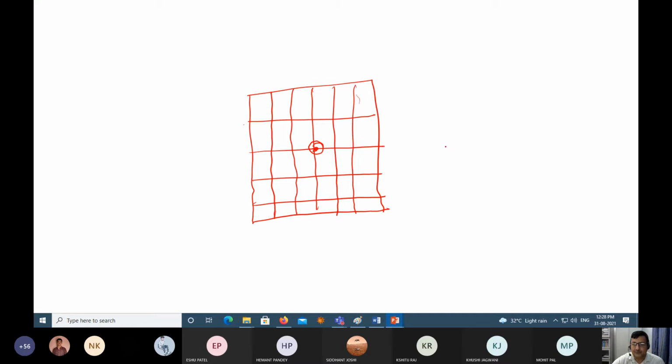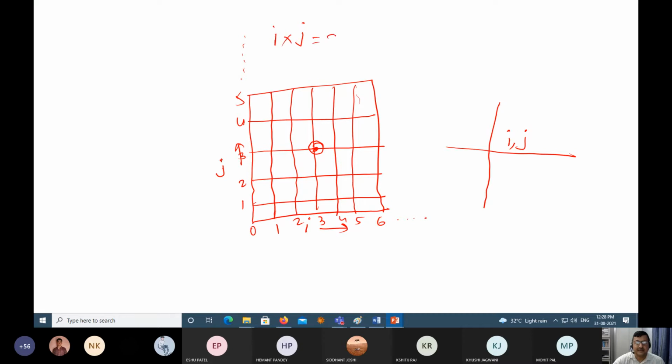This particular point you call the point I, J. I is an array on this side, and J is the array on that side. So this may be I equal to 0, this is 1, 2, 3, 4, 5, 6, and this can be infinite. Again J equals 1, 2, 3, 4, 5 and so forth. So essentially I cross J is an n by n matrix.